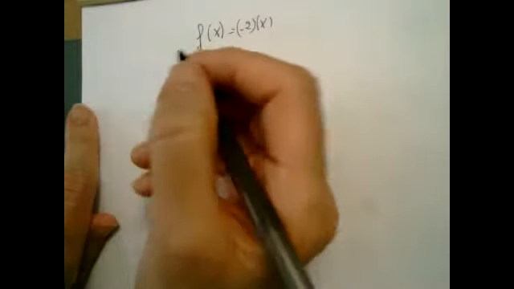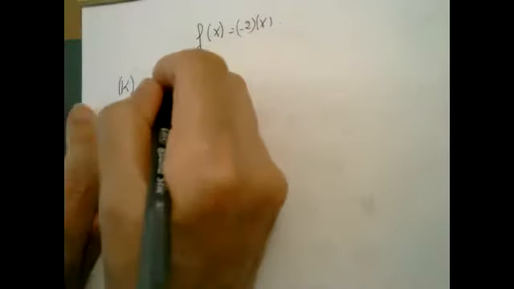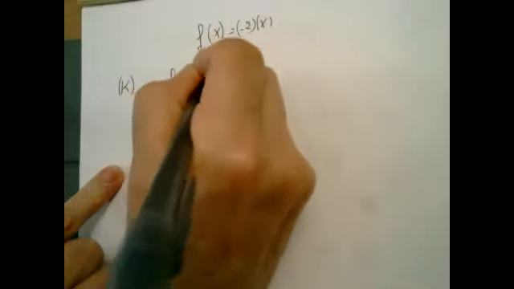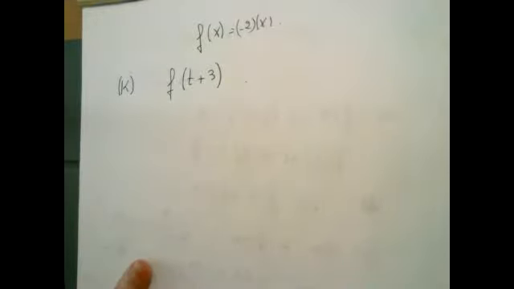Okay, so again, I will put what the function is. It's minus 2 times the x. So now the question is, I will do k, but I will skip I because I think they are the same. What is f of t plus 3? Those are questions. What does f do?